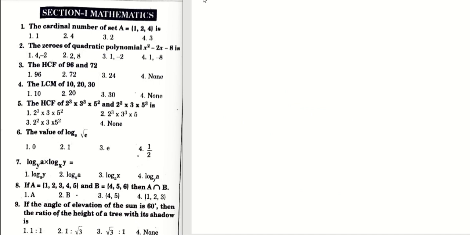See what they have given here. The HCF of 2 cube into 3 cube into 5 squared, and 2 squared into 3 into 5. So what is the first number they have given? 2 cube, right, into 3 cube into 5 squared.